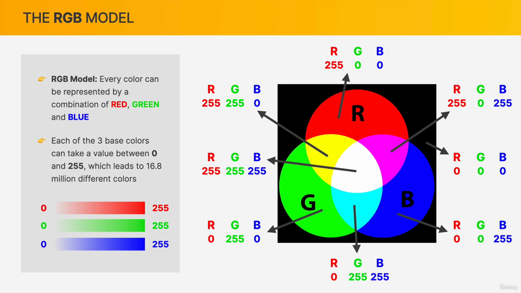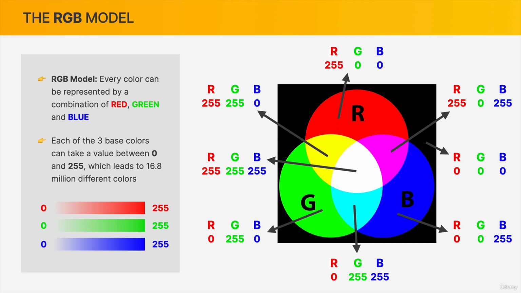So you see that this magenta here is red and blue at the maximum and no green at all. Then we have this, I think is called cyan color, which has red at 0 and green and blue at its maximum. And finally, yellow has blue at 0 and the other two at 255. Great. So I hope that this makes sense.